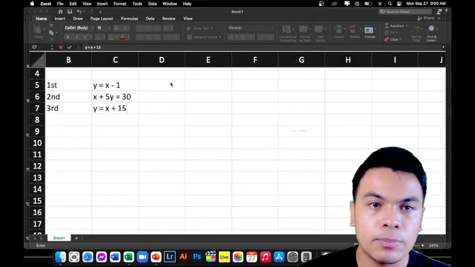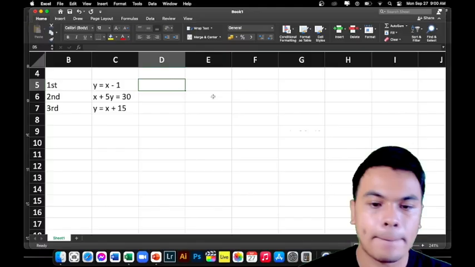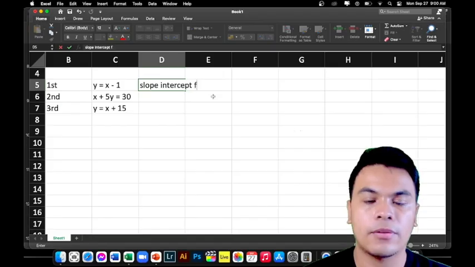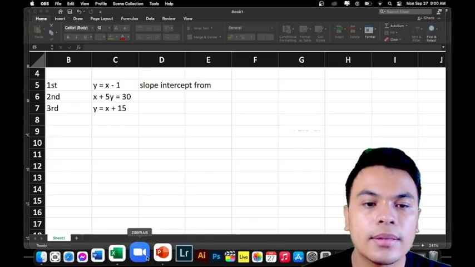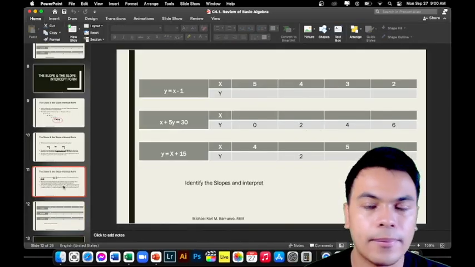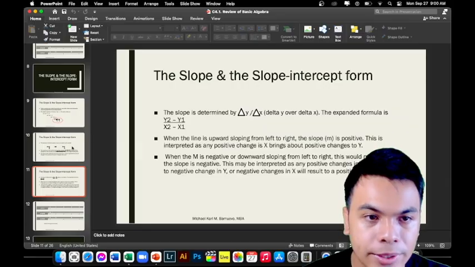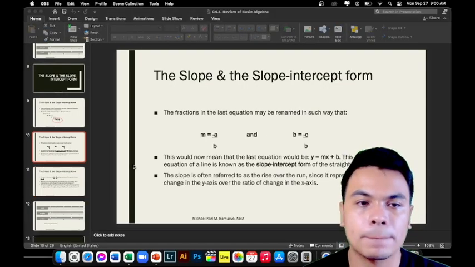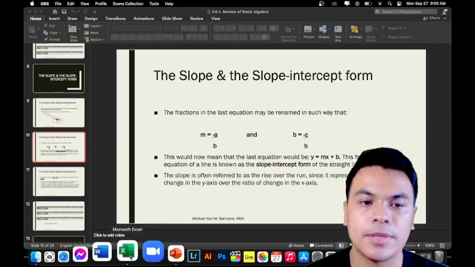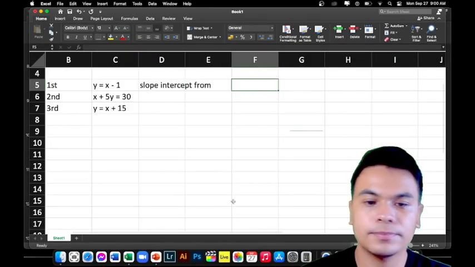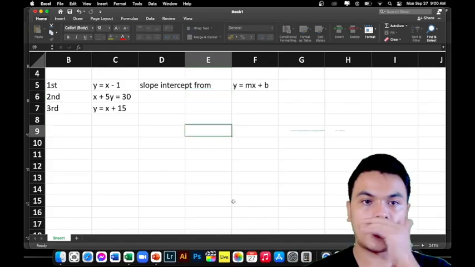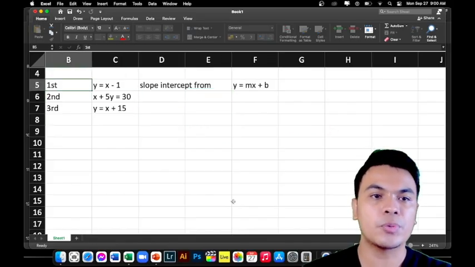And I will put the slope-intercept form, and the formula is y is equal to mx plus b. Alright. So let's start with the first one.